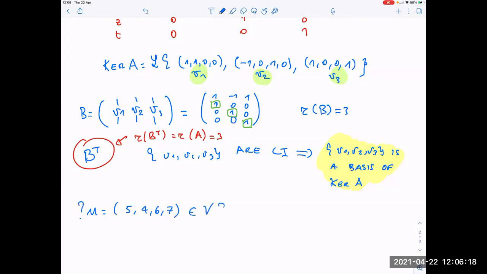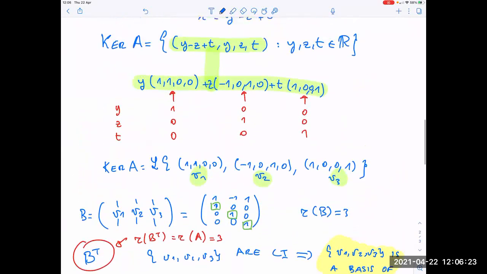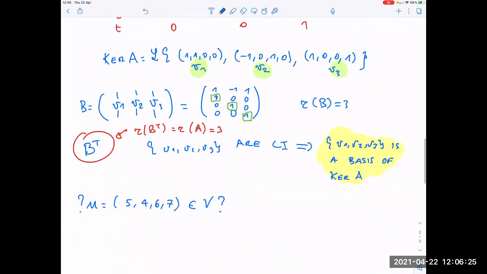I don't trust Giuseppe Cerami, so I want to go and see. How do we answer? Well, you have to go and look at the equation and see if it is 0 when you substitute, right? So I just write 5, 4, 6, and 7. Then I sum these two, I get 11. I sum these two, I get 11. So the answer is yes, Giuseppe Cerami is right. It is true that this vector is inside V.